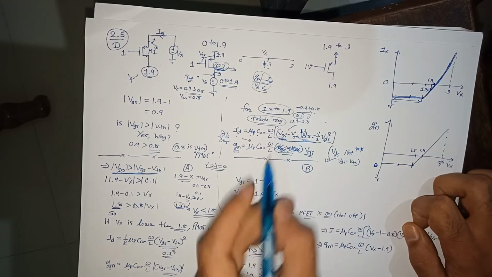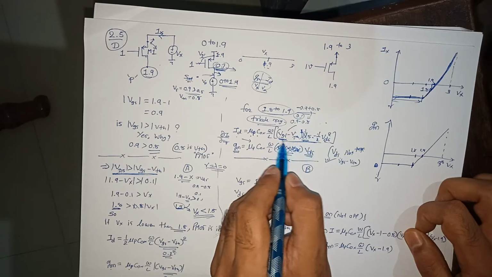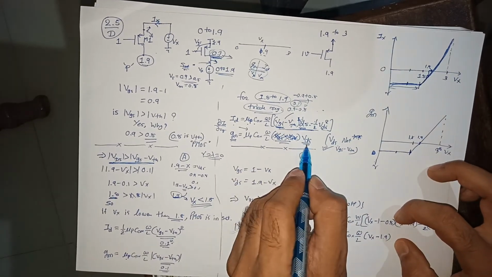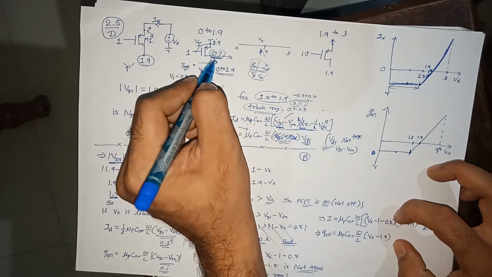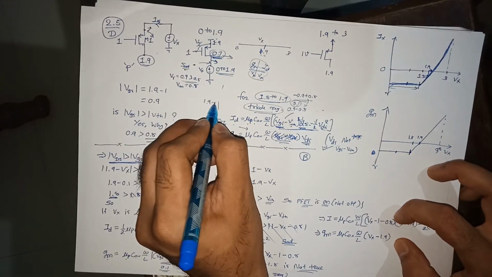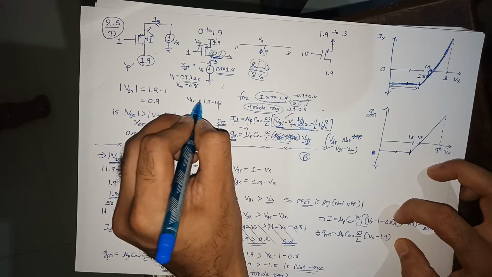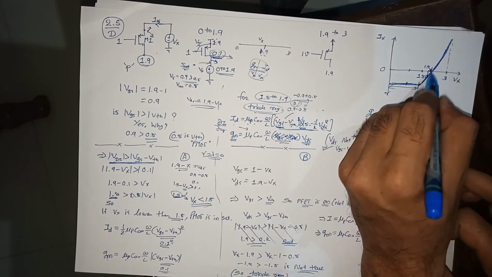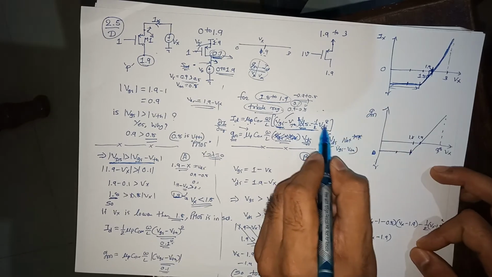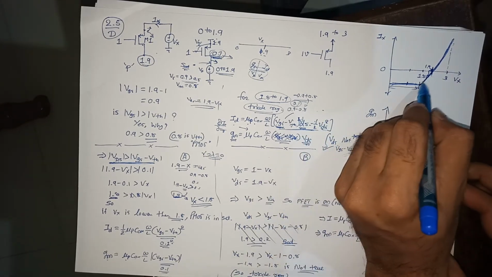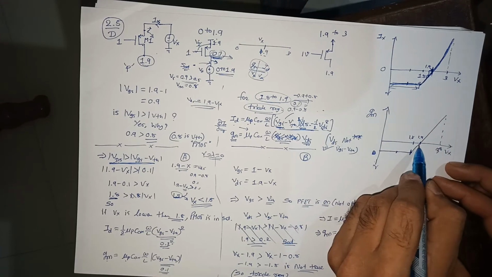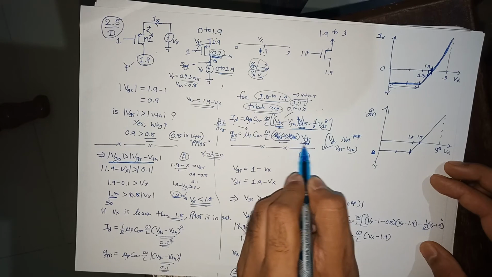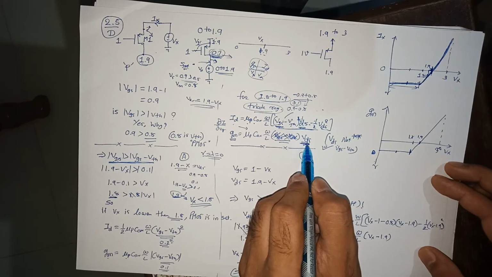While deriving, this term will go and Vds will come here. Again, this Vds will be 1.9 minus Vx. You put that here and you will find some value. Some square terms are there, so you will get some kind of curve, but your Gm will be linear, not constant, because you are following Vds directly.